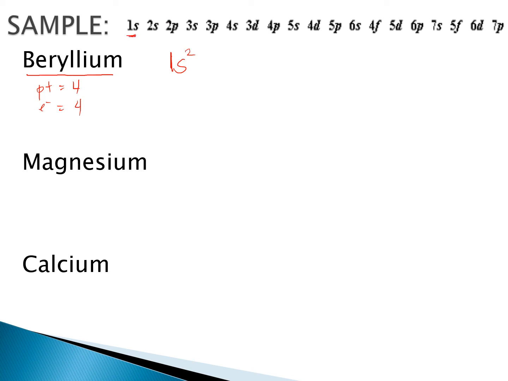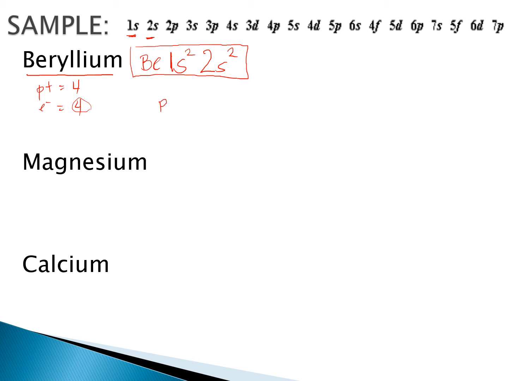After that, we still have 2 electrons to allot, so we will proceed with 2s. So we have 2s2. 2 plus 2, so we already have 4 electrons. So we are already done. So this is the electronic configuration of beryllium: 1s2, 2s2. Now, let's draw its half shell diagram.